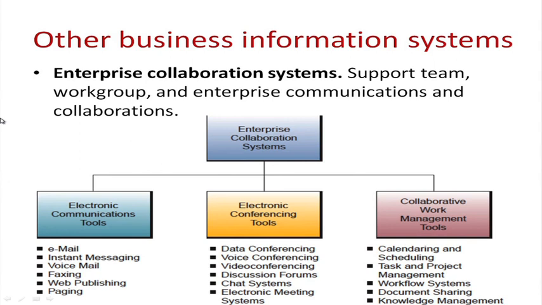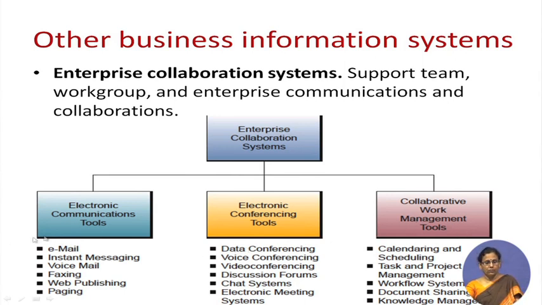There are many other information systems as well. The next category is the enterprise collaboration system, which supports teams, work groups and enterprise communication. Broadly it can be classified into three categories: electronic communication tools, electronic conferencing tools, and collaborative work management tools.